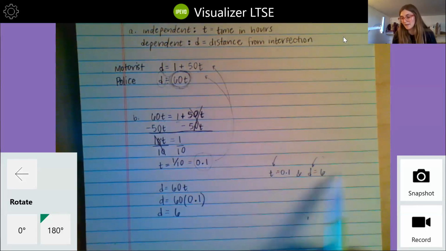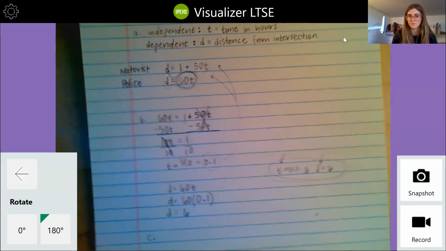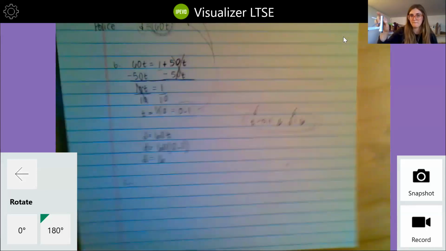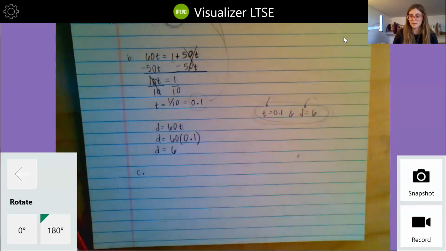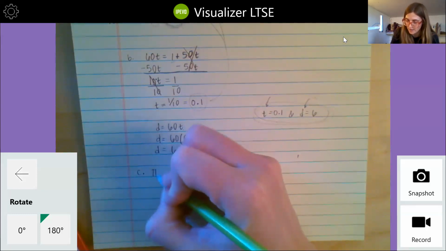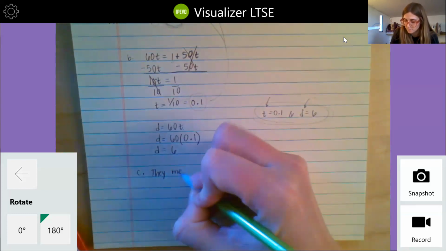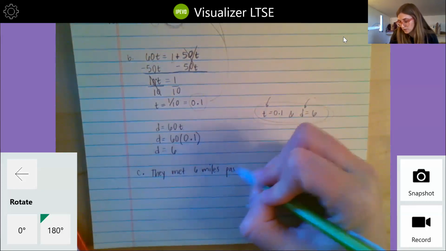So where they met is this solution to the system of equations. Where they met was at 6 miles. They met 6 miles past the intersection.